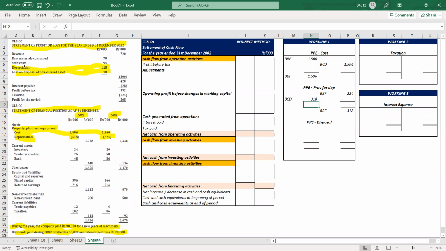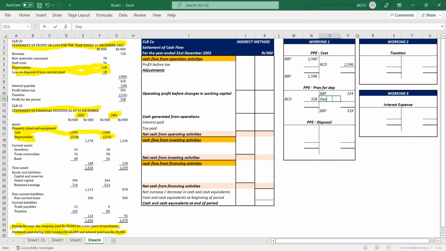Then there is depreciation. Depreciation goes to provision for depreciation.